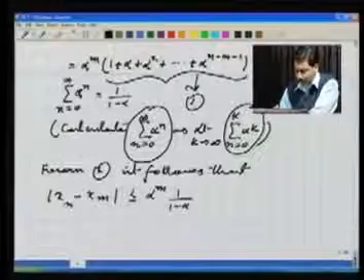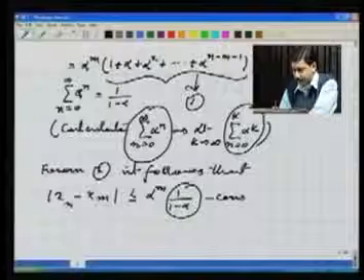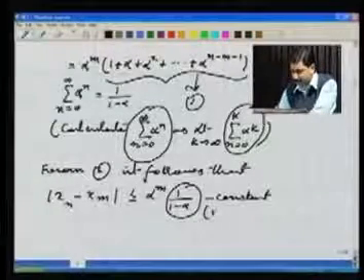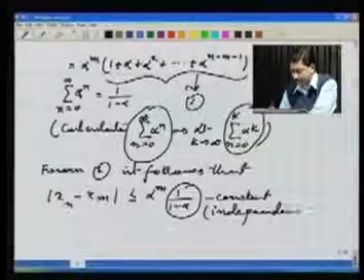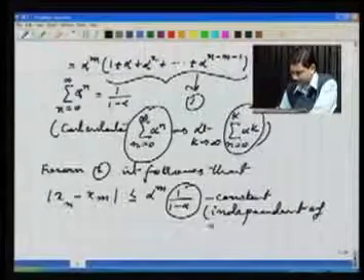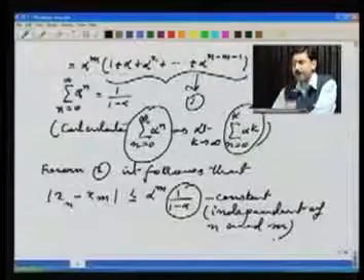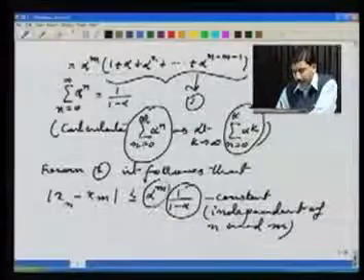Now notice that this is a constant. What do I mean by constant? It is independent of n and m. So the only contribution of n and m in this inequality is just this fellow.